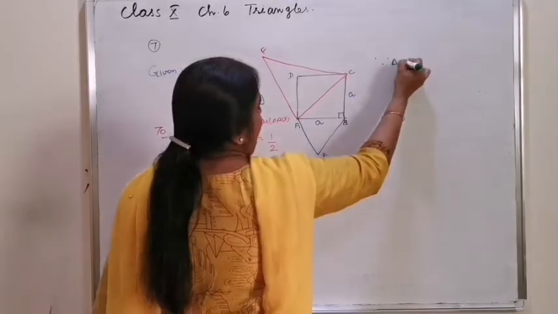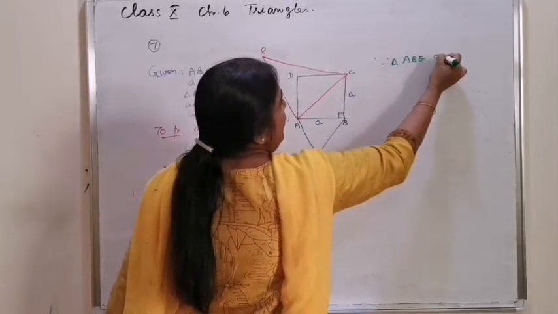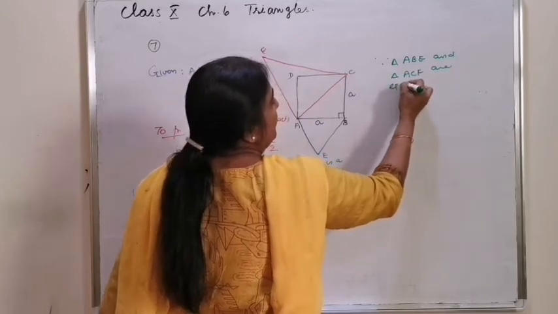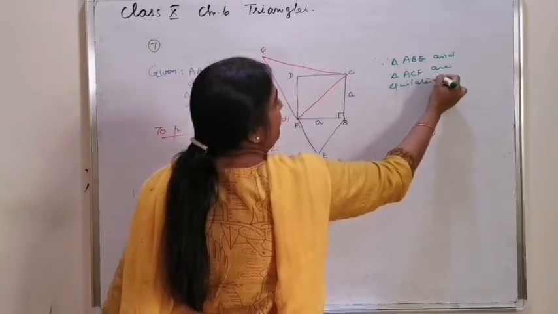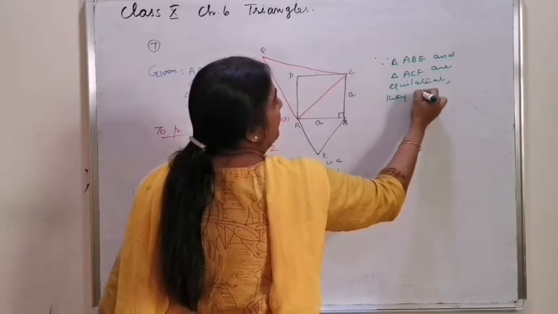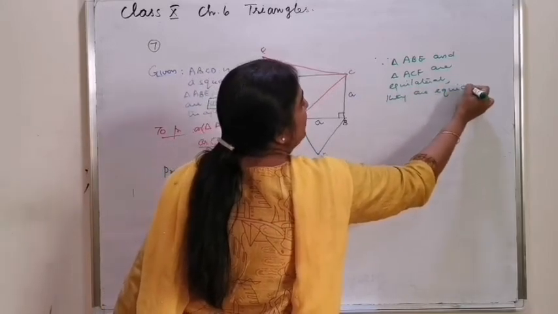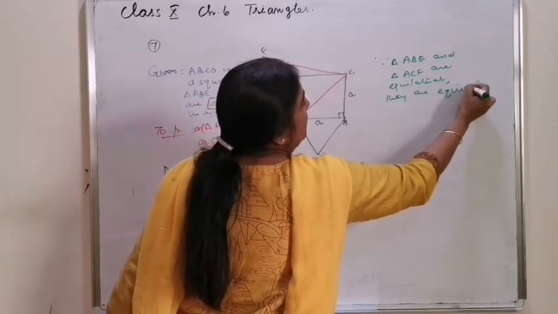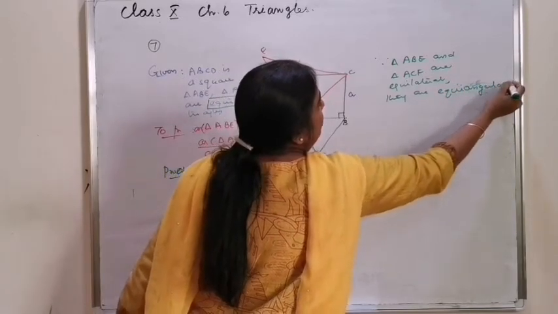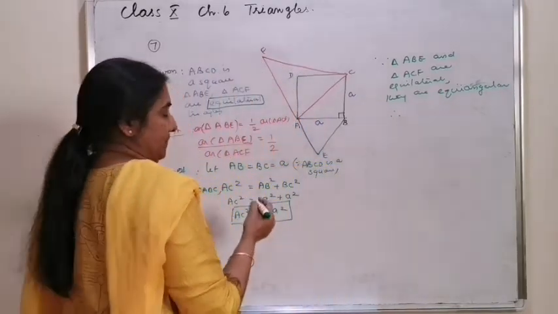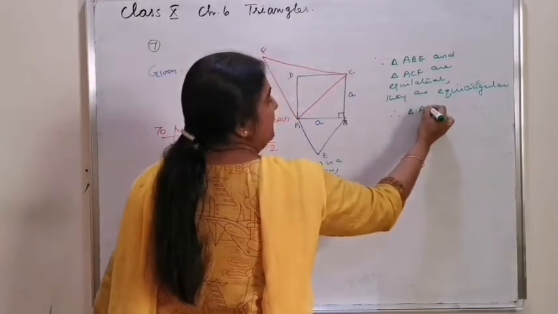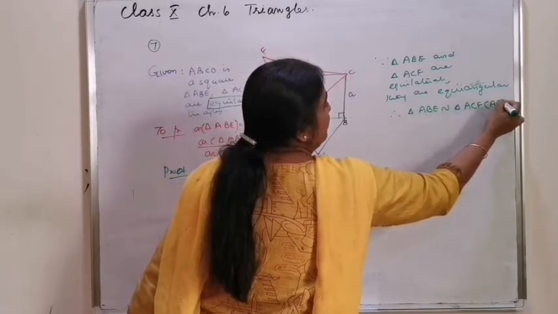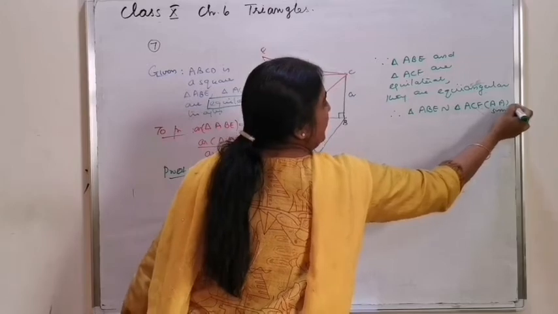Since triangle ABE and triangle ACF are equilateral, they are equiangular, therefore triangle ABE similar to triangle ACF by AA similarity.